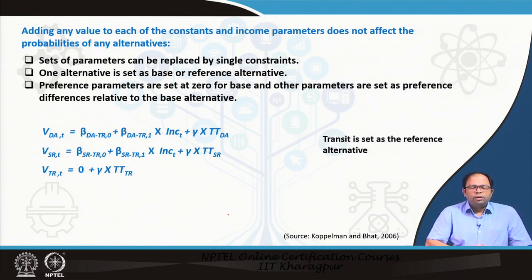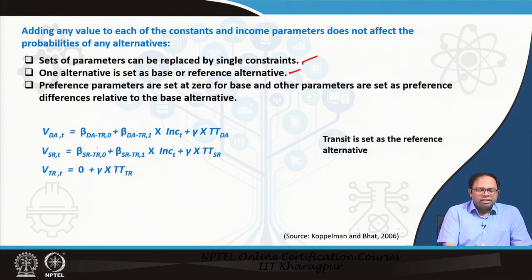So, this is what is being explained here. Because adding any values to each of the constant and income parameters does not affect the probabilities of any alternative, as we have discussed, sets of parameters could be replaced by a single constraint, and one alternative is set as the base or reference alternative. Preference parameters are set at 0 for the base, and other parameters are set as preference differences relative to the base alternative.